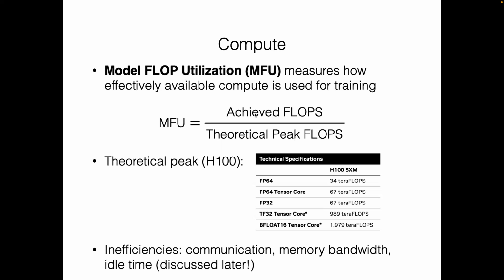Or if you have to write to different types of memory, you can lose time doing that. That's memory related, to do with memory bandwidth. And then you could also have idle time for a variety of reasons, which could be due to communication or other factors as well. But this is one metric that you could use: MFU.